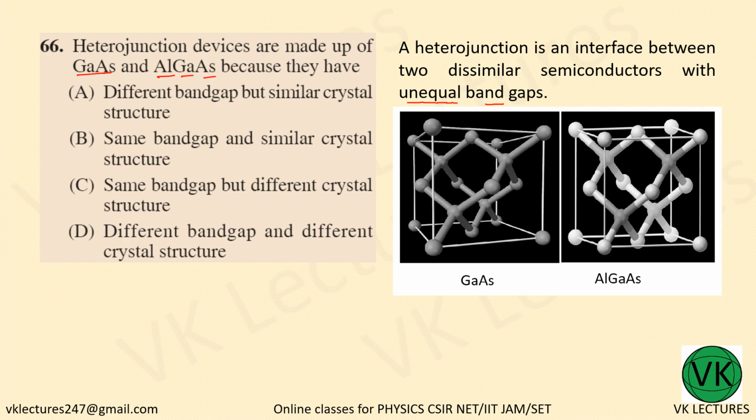That means they have different band gaps, and their structures are given here. The structures are almost similar, so they have different band gaps but similar crystal structure. So the option is option A. Both heterojunction devices made up of gallium arsenide and aluminum gallium arsenide have different band gap but similar crystal structure.